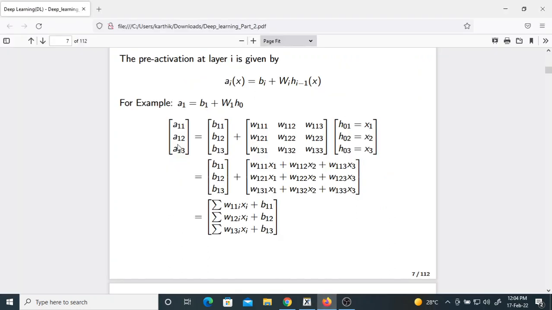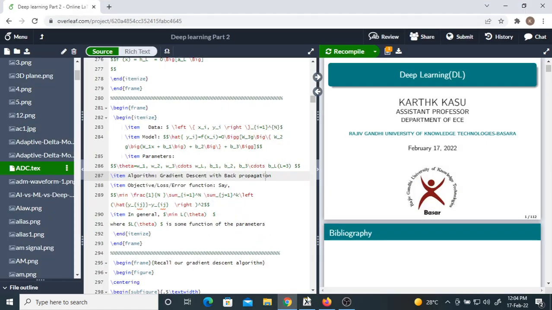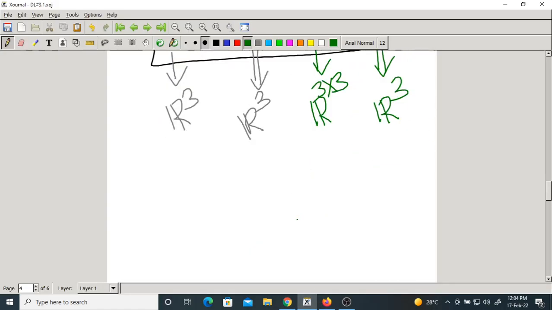Okay. Now, you have written A1 means A11, A12, A13. B1 means B11, B12, B13. So W1 I am writing, so please be careful here. W1 is nothing but the weight between the input layer and the first hidden layer. What is the dimension of W1? 3 cross 3.